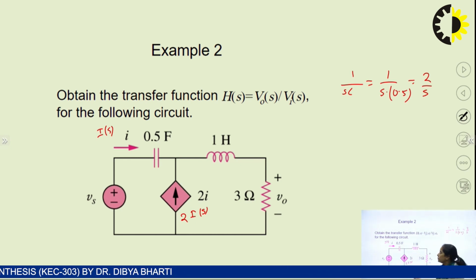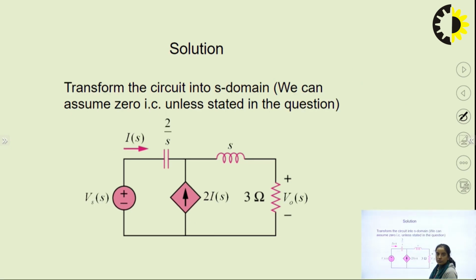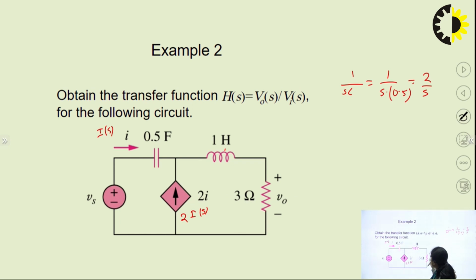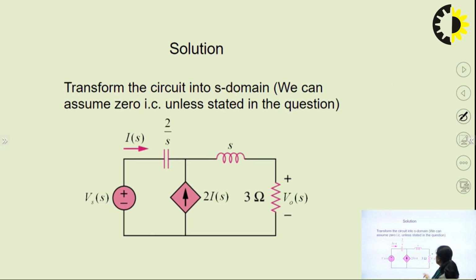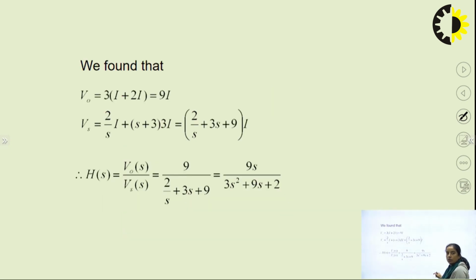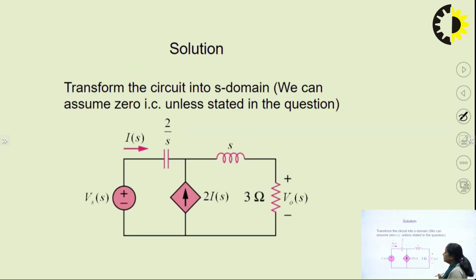This will be S into 1. This is 3 ohm. Now you just need to calculate V naught s by Vs. This is the output, V naught s. So now you can easily find the value of this V naught s.